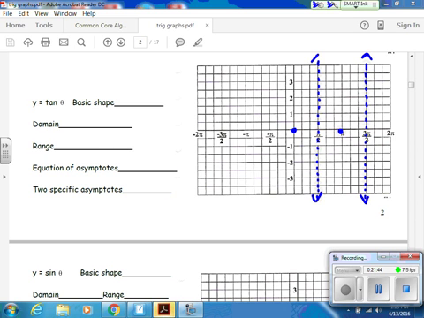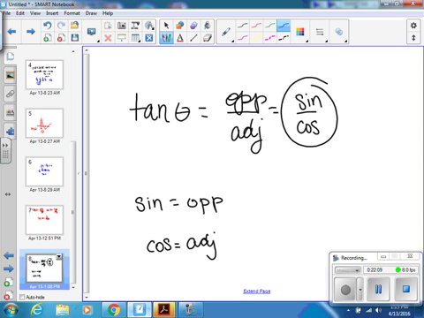Okay, now, again, these are not just straight lines. There's got to be something going on between here. In fact, there are a few points on here that are really easy to use. I can get a better shape on this graph. Remember, it's going to be what over what? Sine over cosine. On your unit circle, which coordinate is your sine?